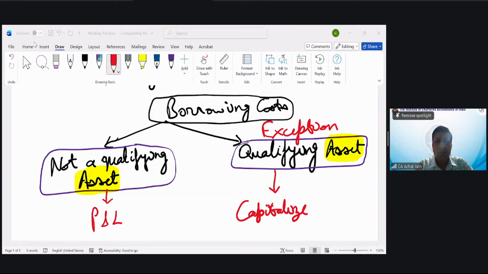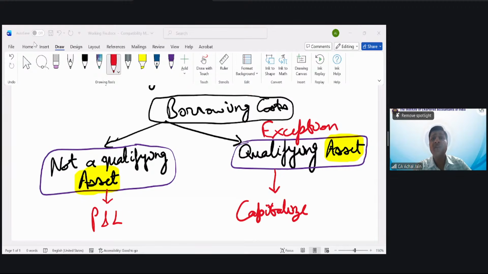Then I think Virashri has a query. Virashri is asking, could you explain how an intangible asset is considered as a qualifying asset? See, please understand that a qualifying asset is not something which applies only to PP. As we discussed, in case of inventory, you may have a qualifying asset. The important part is you need to find out whether the asset is taking a substantial period of time to get completed.